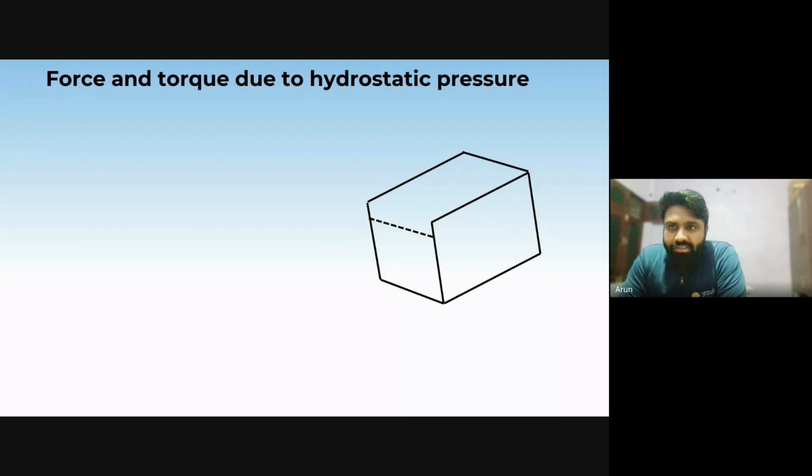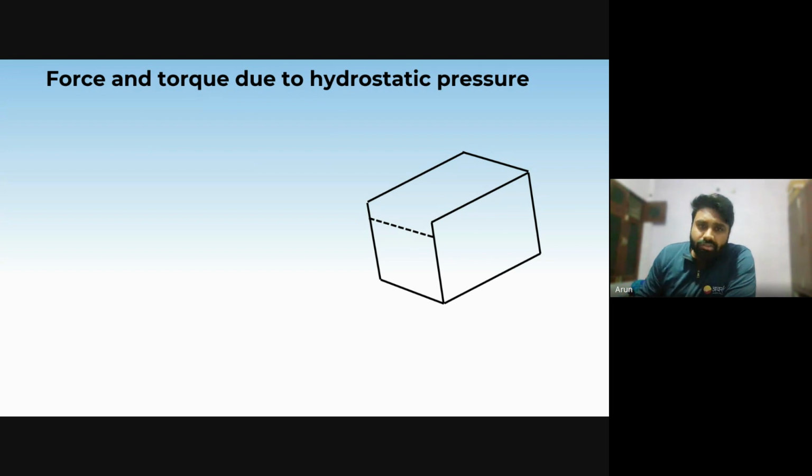If you are a civil engineer, you need to calculate how much pressure or force this water exerts on the wall of the dam, so that accordingly you make your calculation, use the concrete, and design that dam according to the hydrostatic pressure. Okay, so you are clear with why we are going to discuss this.